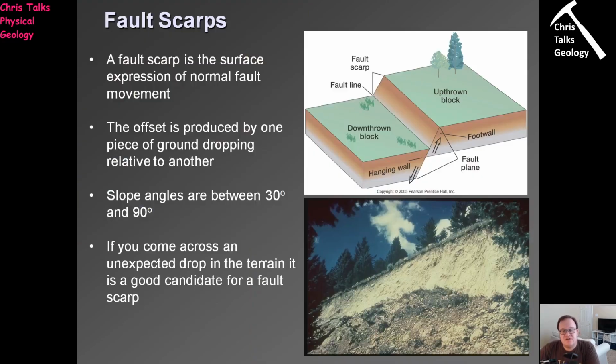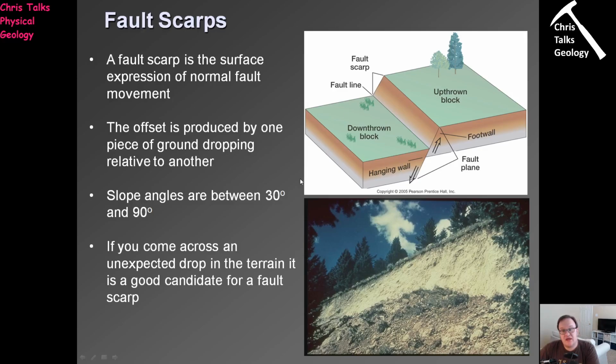The final feature which is related to faults is called a fault scarp. Once again, this one isn't a particularly difficult concept to grasp. A fault scarp is the surface expression of the movement of a normal fault. The offset is produced by one piece of rock, or more accurately the ground, dropping relative to another piece of rock. So here's our situation. Clearly we have ourselves a normal fault.